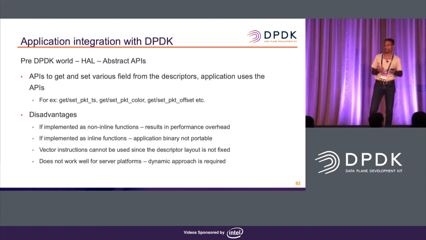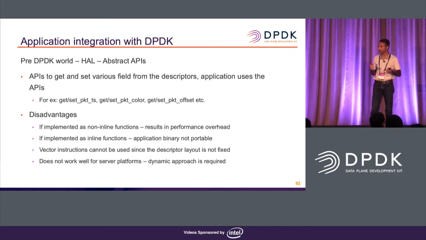Some of the disadvantages I find with this approach: if these functions are implemented as non-inline functions, it's a performance hit. It happened in ODP. Earlier they were implemented as inline functions, but at some point they decided to move to non-inline functions, and in a typical application like L3 forward, there was a 20% drop. That's because you access so many fields from the descriptor within your packet processing path that the function call becomes an overhead.